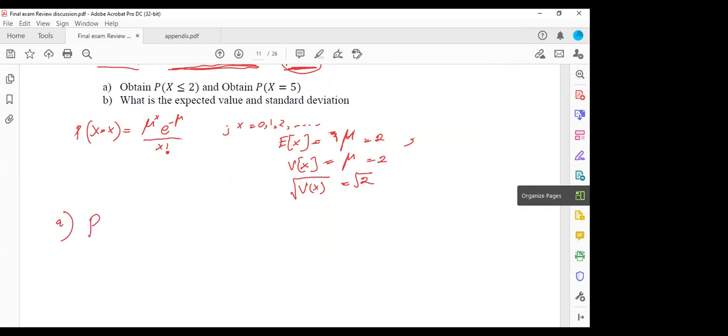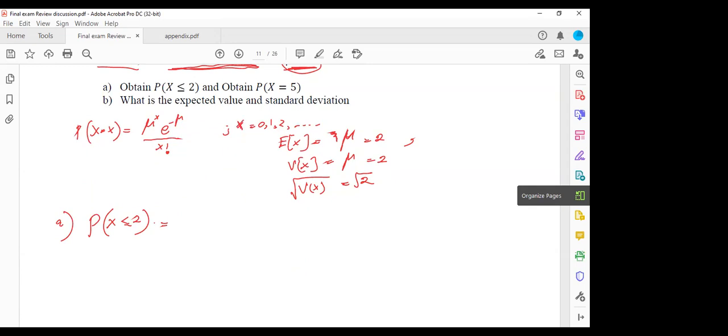Part A. Obtain the probability of x less than or equal to 2. This is a cumulative probability. You have to add whatever from 0 to 2, because x starts from 0.